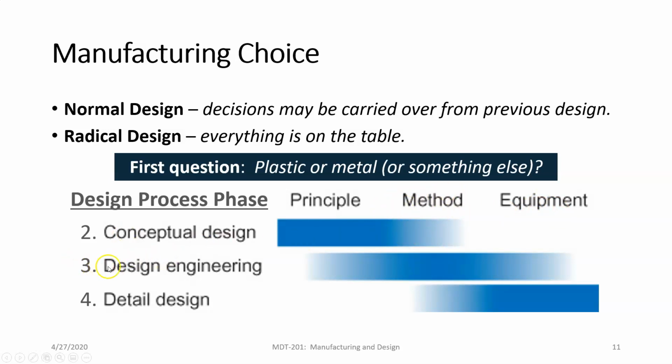Once we move on to phase 3, design engineering, the principle has already been decided, so now we have to start moving into the method. So what is the exact method that we're going to be using? And here, a little bit of equipment can maybe creep in. But when we get into phase number 4, our final phase, we have to focus on the equipment, exactly how we're going to produce it, where and when.